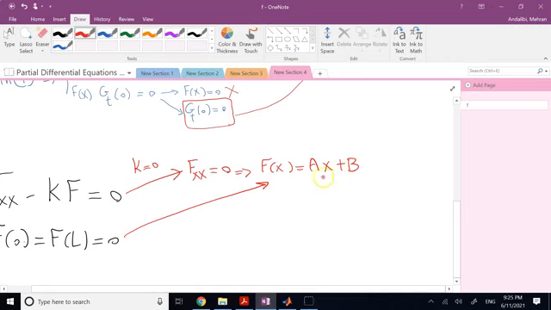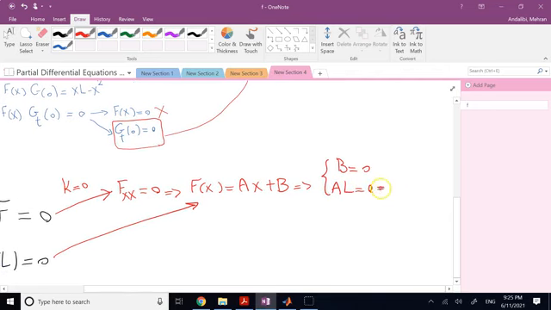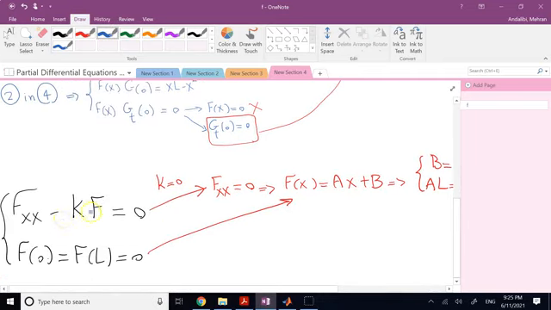And at L, it means A times L should be 0. And since L is not 0, then A should be 0. And when both A and B are 0, it means the whole F is 0. And remember, this leads to a trivial solution. So clearly, this is not of interest. So clearly, K cannot be 0. It's not going to be. So that's not a possibility.